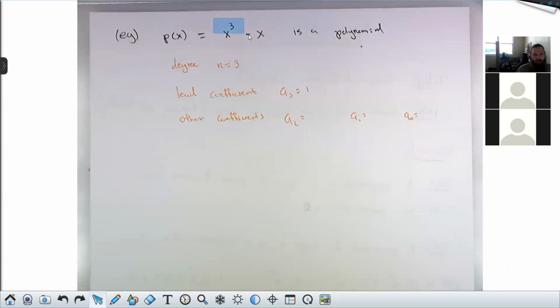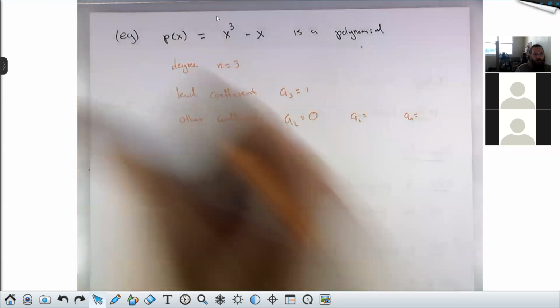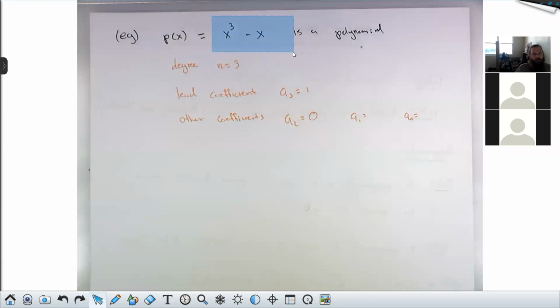What is the coefficient of the quadratic term here? Very good. Yeah, Kendra nailed it. A2 is 0 because we don't see an x squared here, right? So this is like x cubed plus 0x squared minus x plus 0.